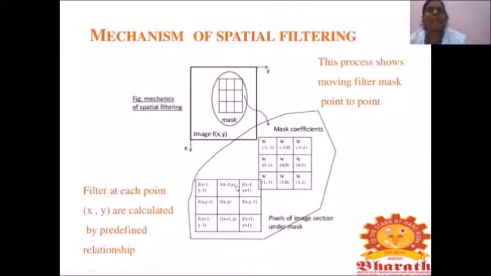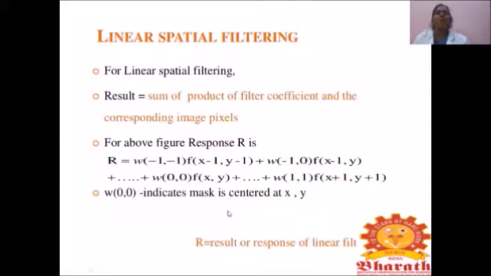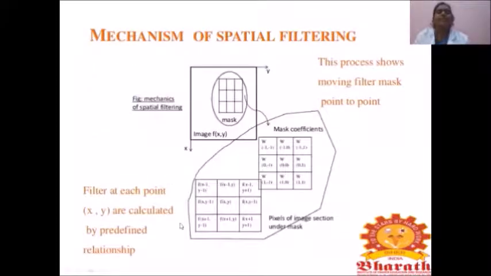Plus, we add the second coefficient of the mask with the second pixel and the third coefficient with the third pixel. Like this we add. Finally the sum of the products is found, and the output is represented as R. This R value replaces f of x comma y.